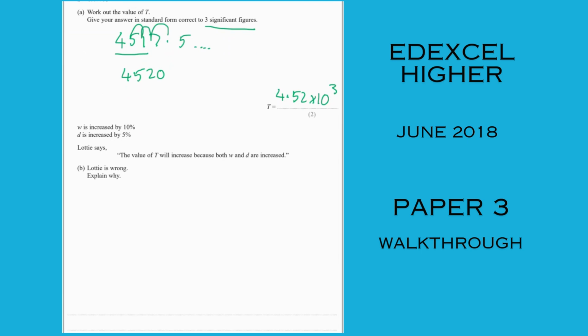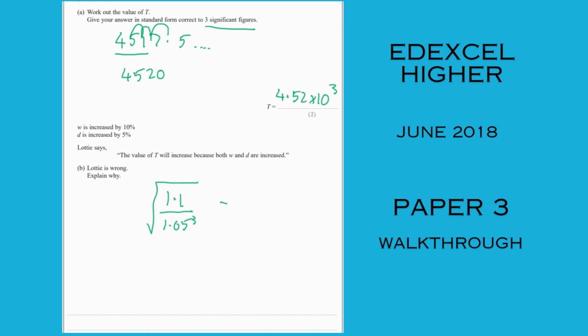So Lottie's having a statement. Well, if you increase something by 10%, you're multiplying it by 1.1. If you increase something by 5%, you're multiplying it by 1.05. I've scrolled off, but notice, remember it's cubed and it's all square rooted. So Lottie says the value of t will increase because both w and d are increased.